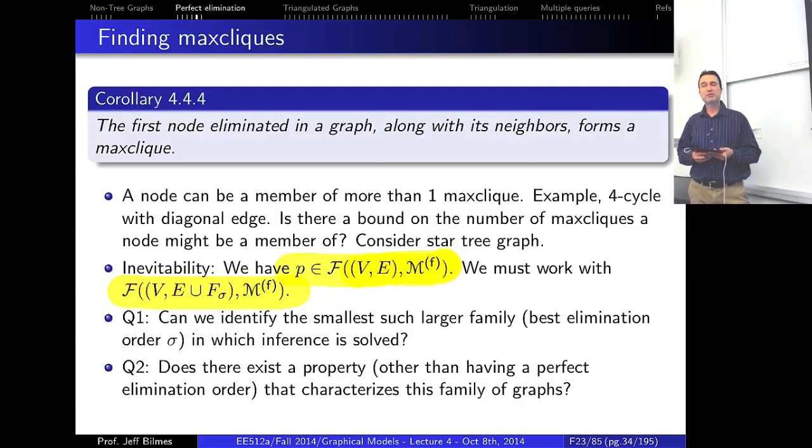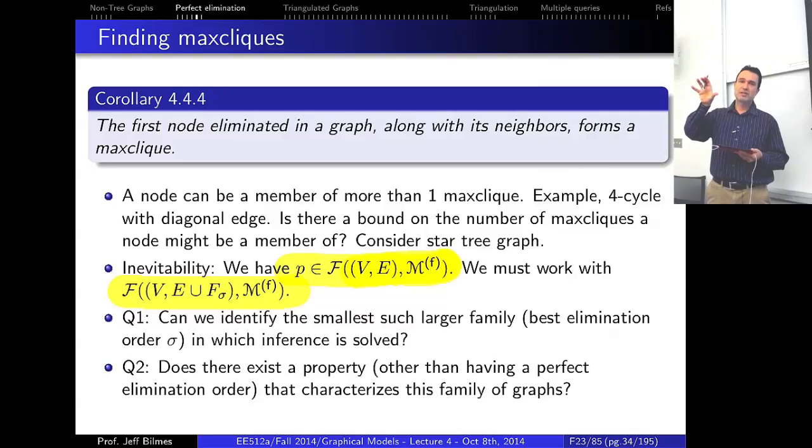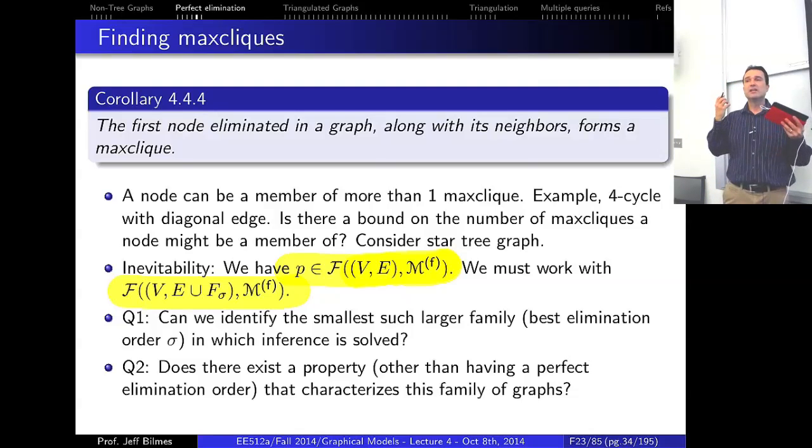But we want to increase the family the least amount, because every time we grow the size of the largest clique, the complexity is going to increase by a factor of r. So it's growing exponentially fast as a function of the number of variables in a clique. If we care about asymptotic complexity, we want to make the size of the largest clique as small as possible.